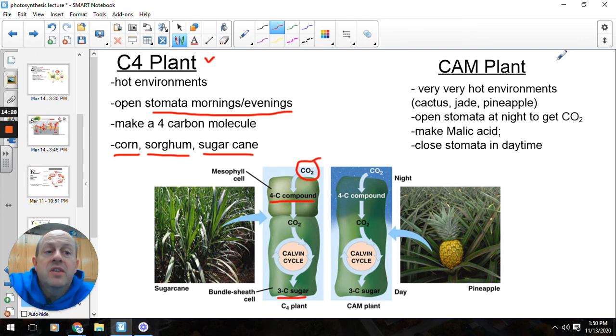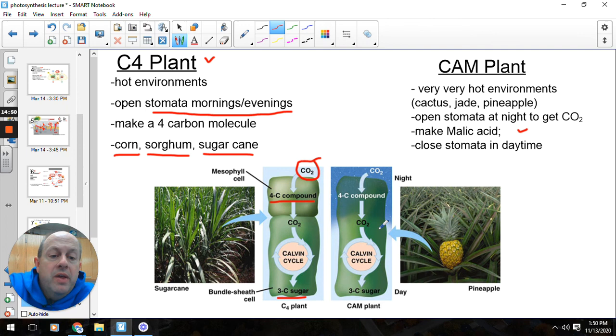If we take it to the even more extreme of desert type plants, very, very hot environments, sometimes we have to open the stomata at nighttime. And so that will make a compound called malic acid, and then we'll store that compound, malic acid, until the next day.